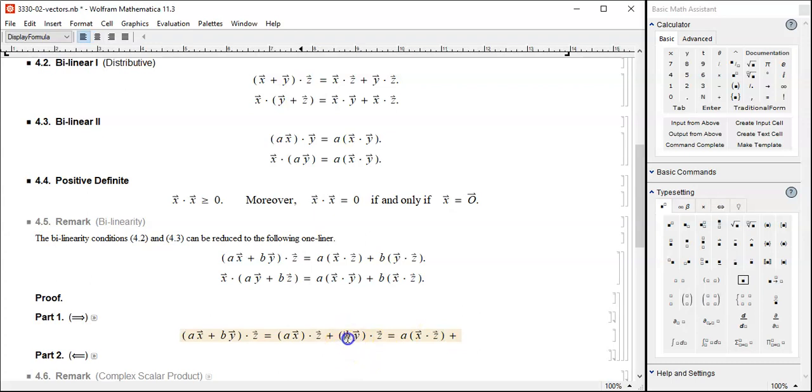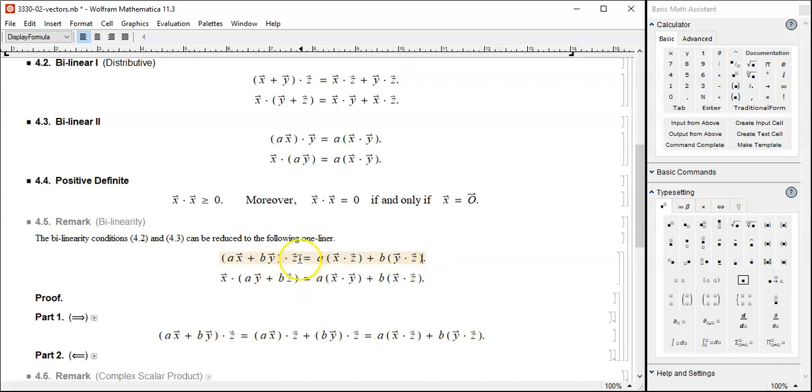And then from here, I can take B out. And this is a vector, and that's also a vector. And is that what we wanted to prove all along? Yes, indeed.